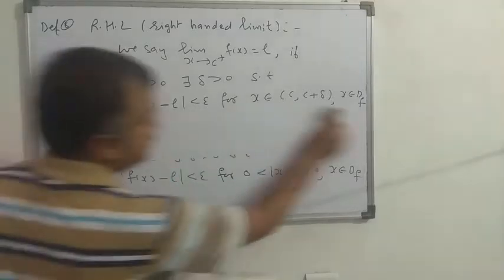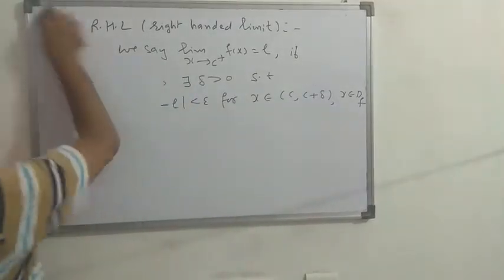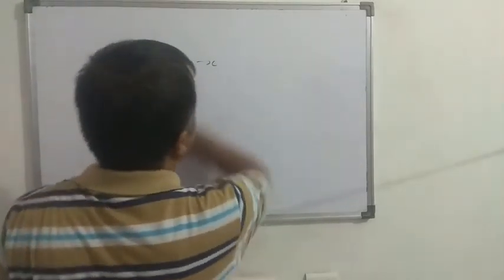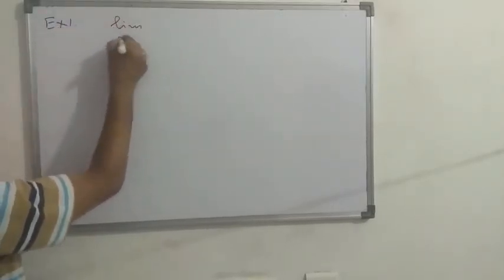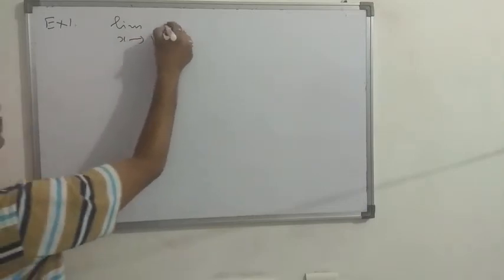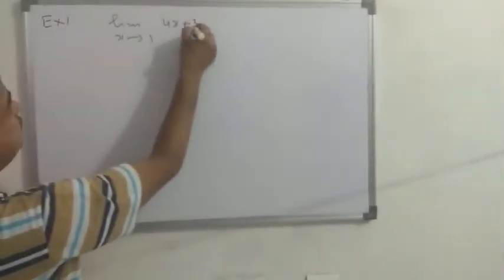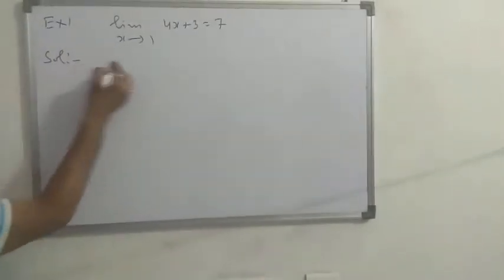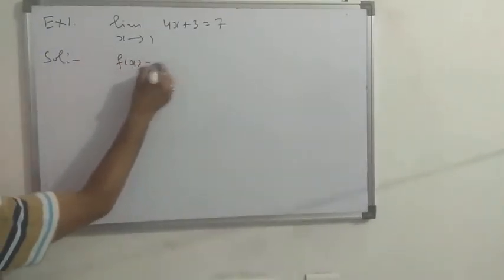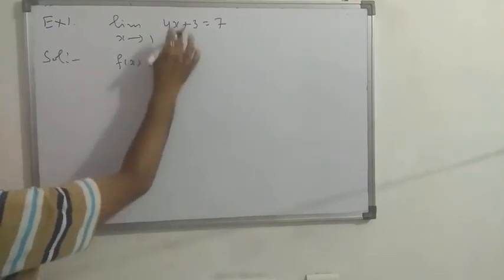Let us see an example. Show that limit x tends to 1 of 4x plus 3 equals 7. So in this case, what is f(x)? 4x plus 3.